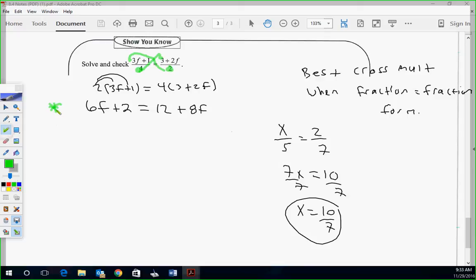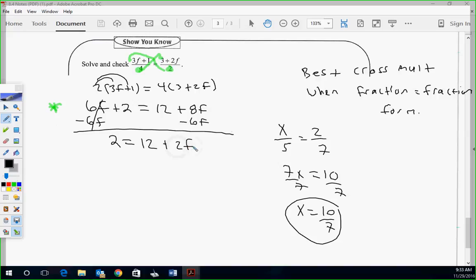When you're at this step, see how we have an F, a 2, a 12, and an 8F? We really want to get the F's together first before we move the 2. So which F would you want to move? 6F. Good. We'd minus this one because it's smaller. So minus 6F, minus 6F. Good. Gone. Your 2's there.